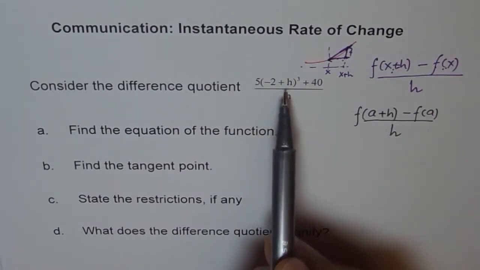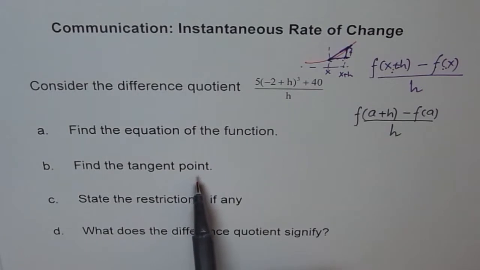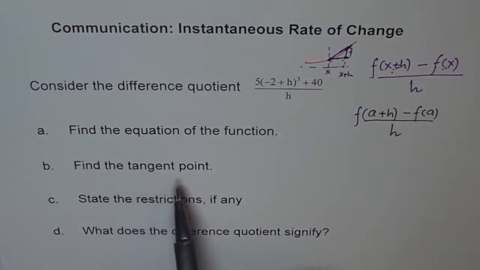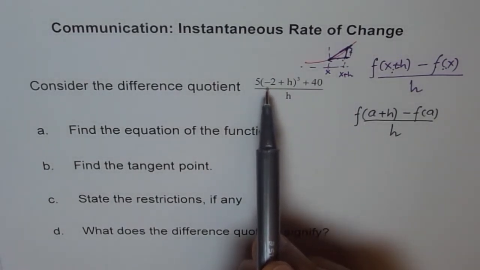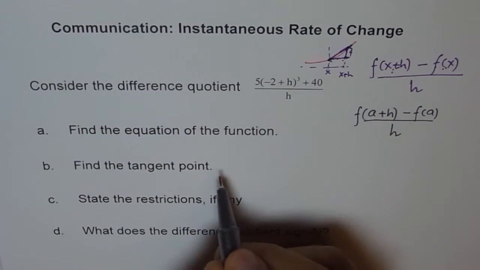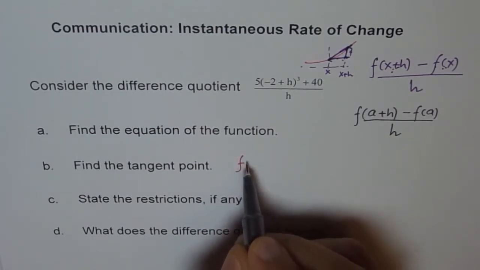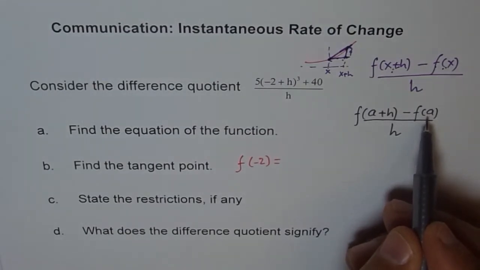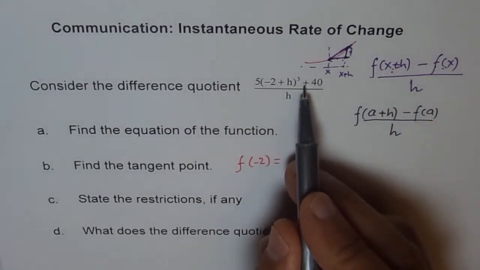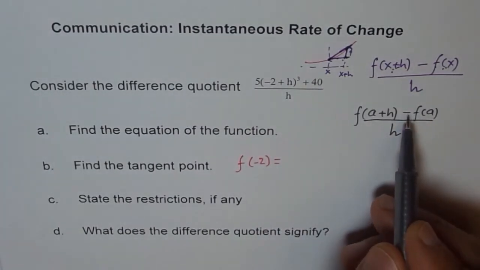Now how can we be sure about it? To be sure about it is this point. Find the tangent point. So we know the point A, if you compare here, A is minus 2. So what basically we should get is f of minus 2 should be equal to f of a, which should come here, which is minus 40, because do you see this minus?